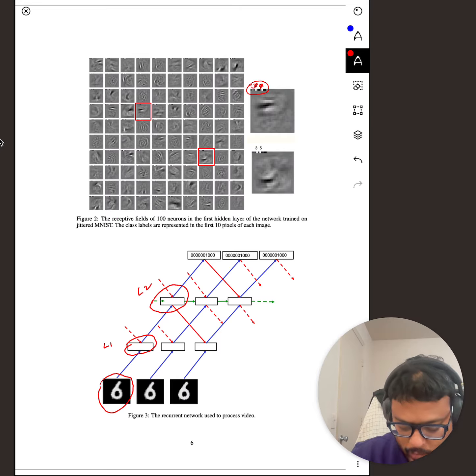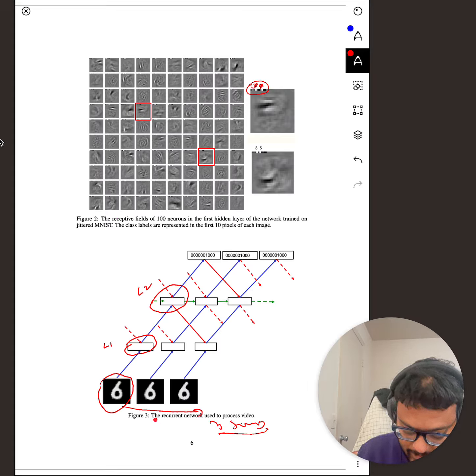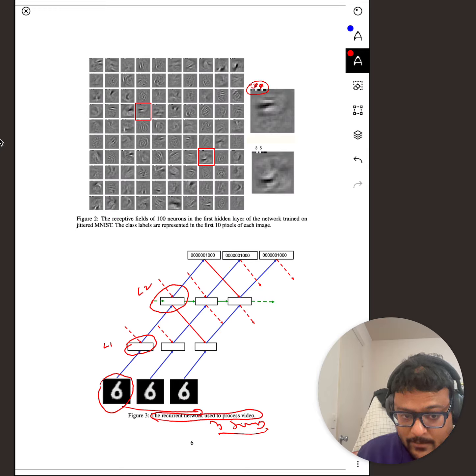You are going to copy this 6 three times. This is what he calls a recurrent network used to process a video. So if you're trying to process this 6, you're repeating it for 3 time steps, and it becomes a sort of video for the network.